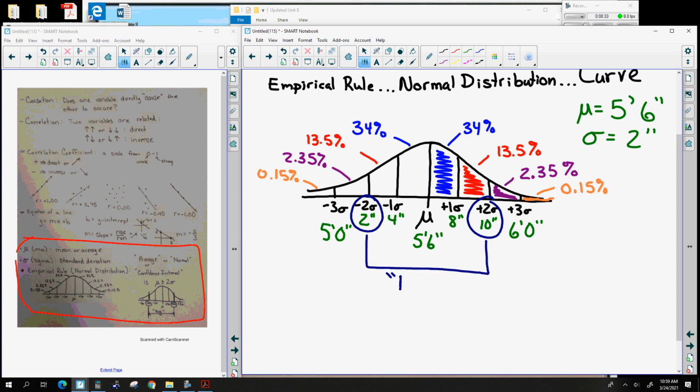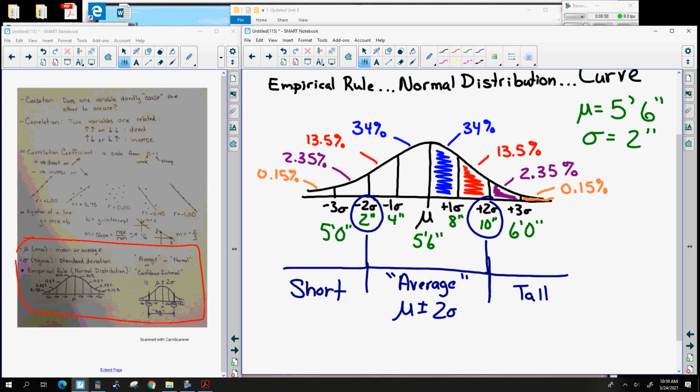This is considered to be average. So it's the average plus and minus 2 standard deviations. So in the world of heights of students, it's average to be 5'2" to 5'10". You would probably be considered tall if you're above 5'10", or short if you're below 5'2".